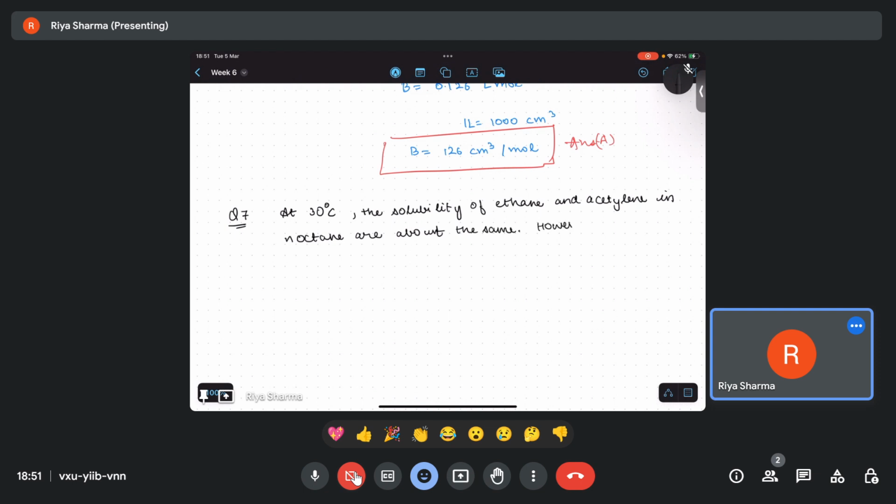However, at the same temperature, the solubility of acetylene in dimethyl formamide is different. What could be the possible reason for that?